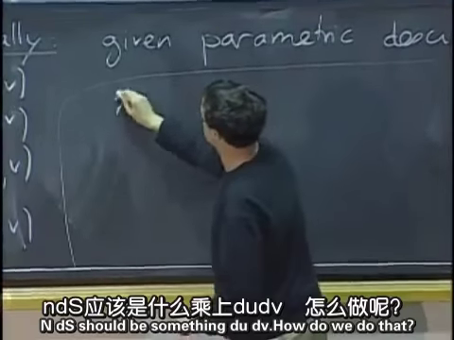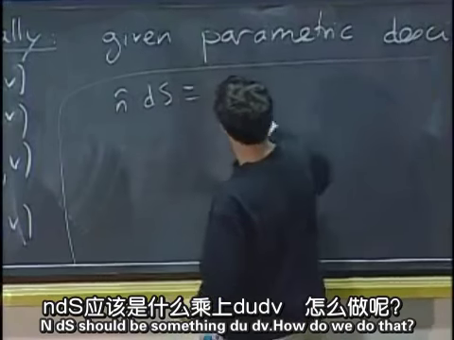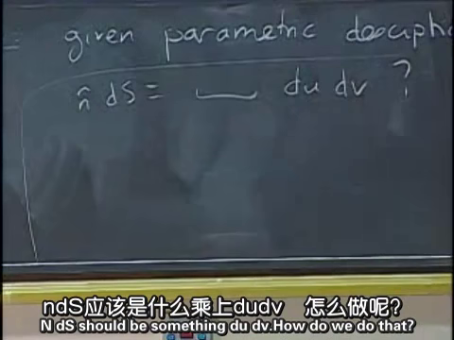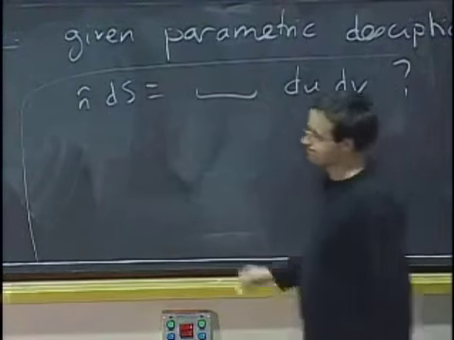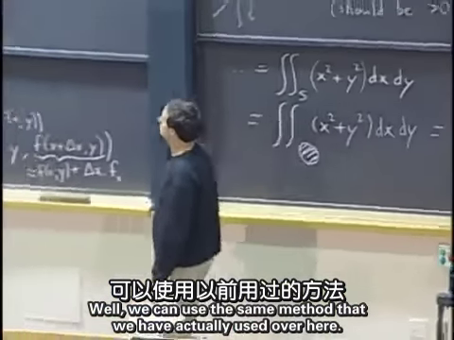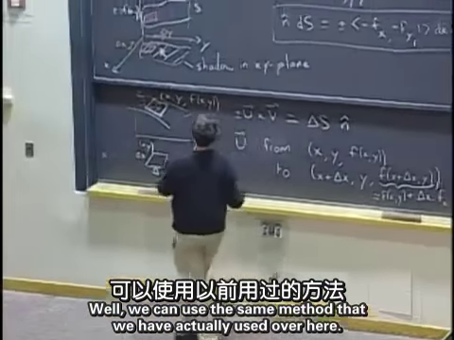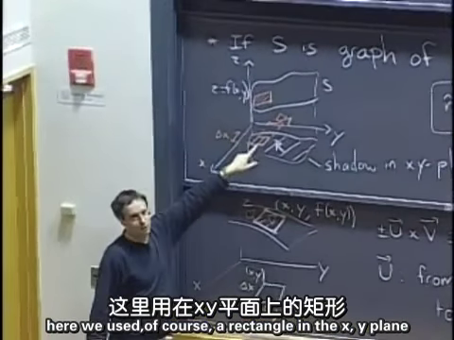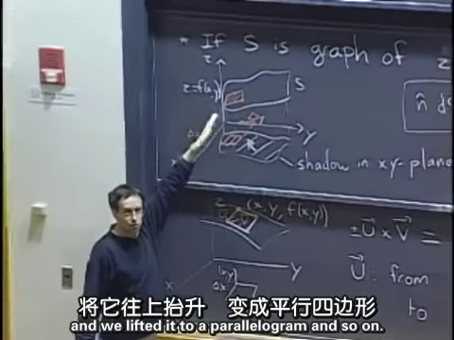Okay, so n dS should be something du dv. How do we do that? Well, we can use the same method that we've used over here, because if you think for a second, here we used a rectangle in the xy plane, and we lifted it to a parallelogram and so on.